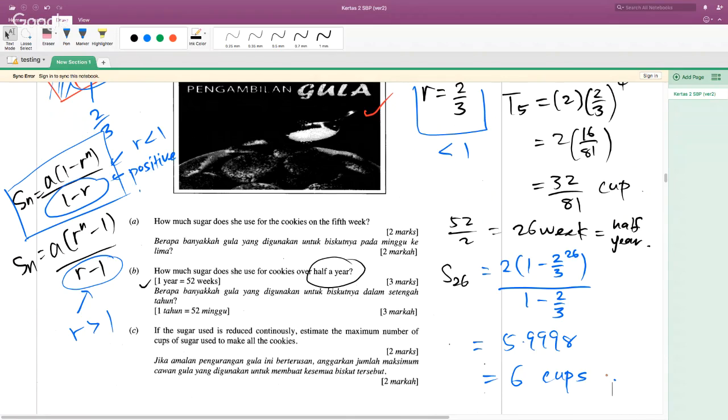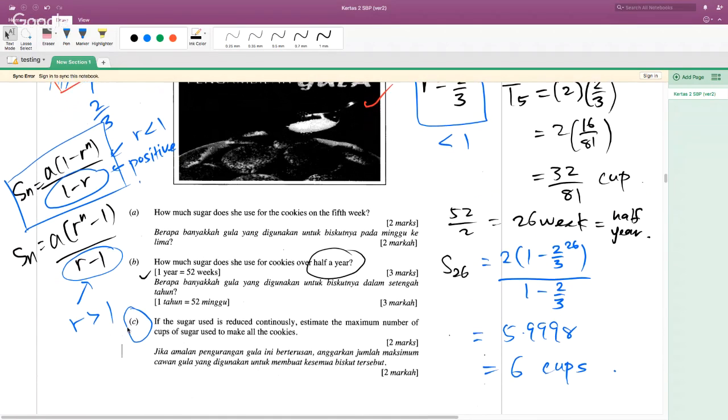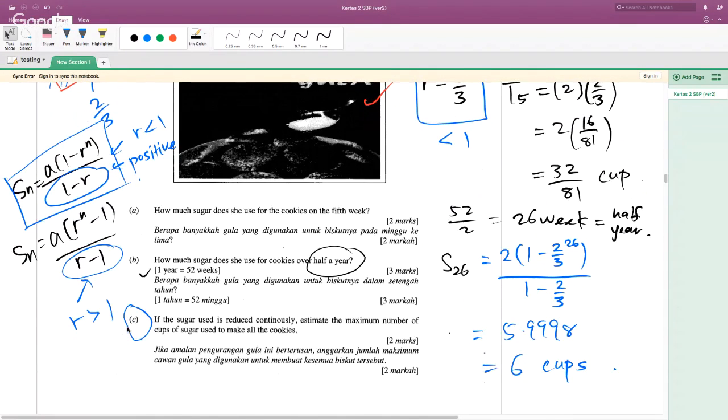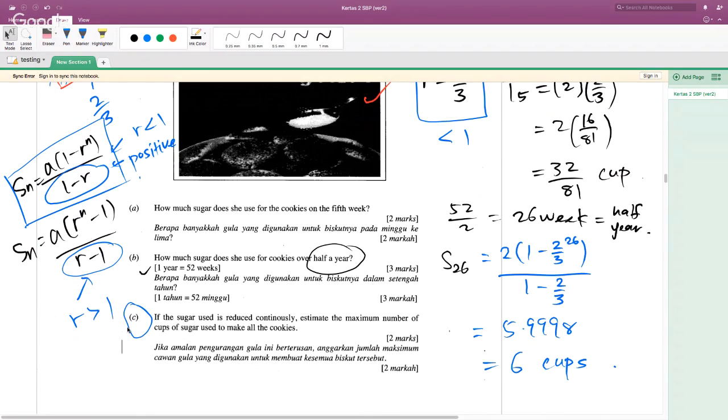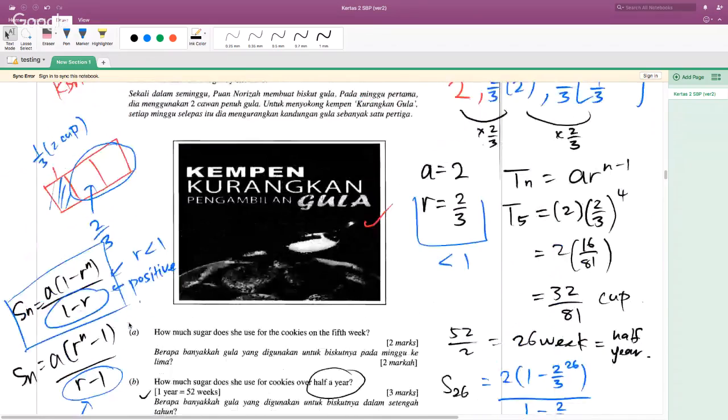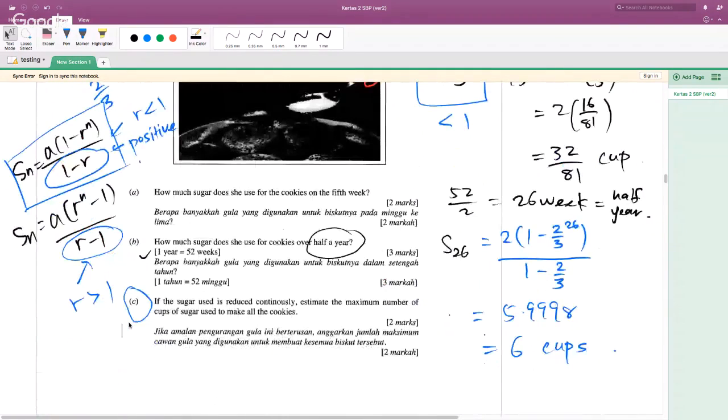All right, the next one, question C over here, is: if the sugar used keeps on reducing, it means Noriza is going to keep on reducing 1/3 for each week.